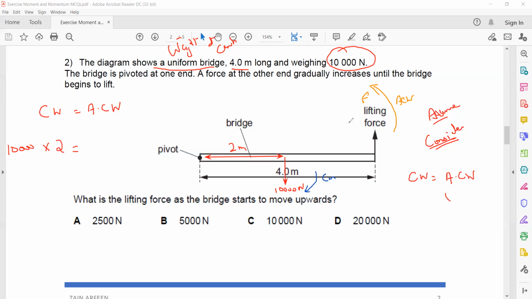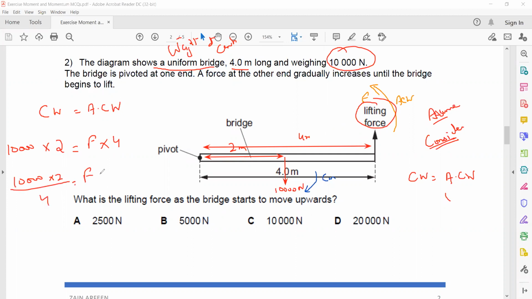And about the anti-clockwise moment, what is the lifting force? Let's say F. And what about the distance from the pivot? The lifting force is 4 meter from the pivot. So we write that as 4. This 4 is multiplied on one side, so on the other side we divide. So it will be 10,000 multiplied by 2, which is 20,000.